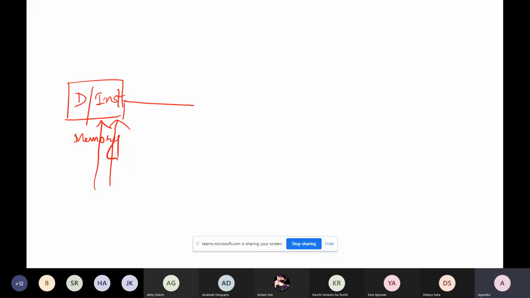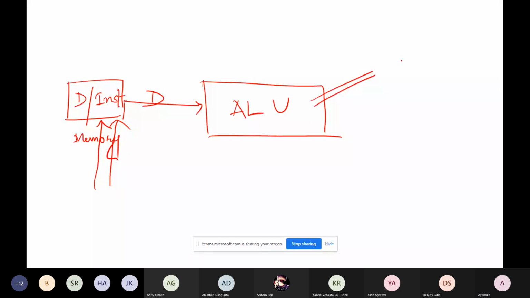Now that data will go to some arithmetic logic unit. We term them as ALU. Arithmetic logic unit means nothing but some adder, subtractor, multiplier, etc. Different modules, different blocks are present in this arithmetic logic unit.